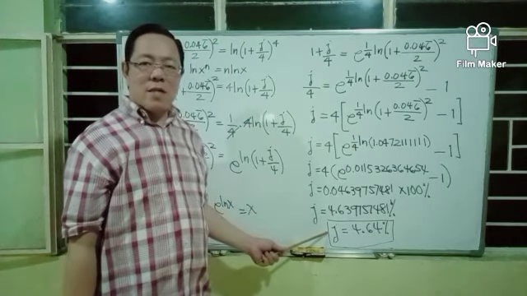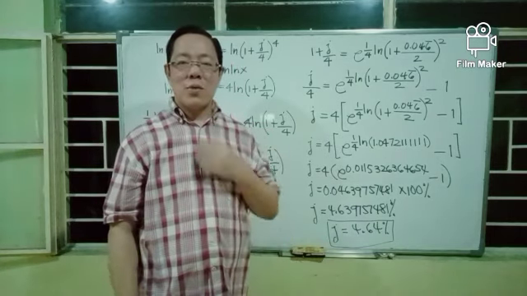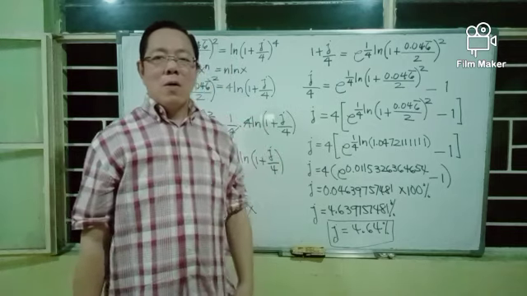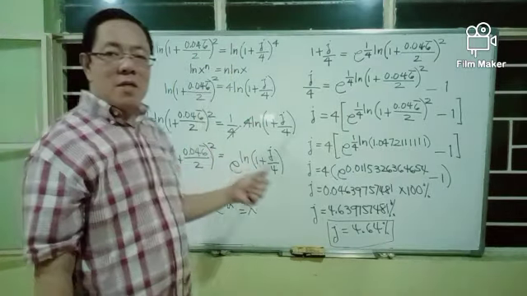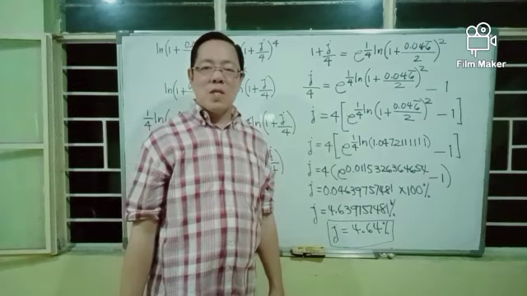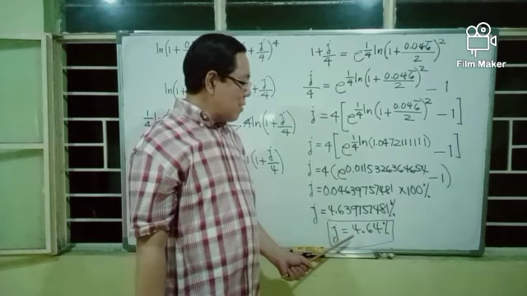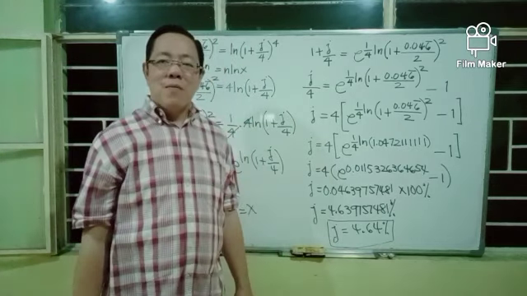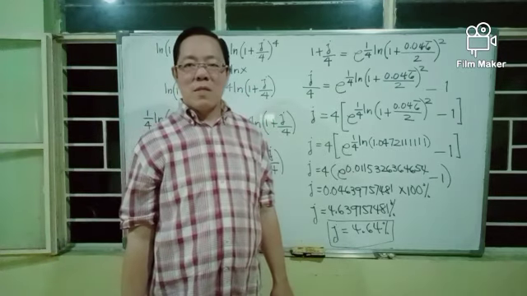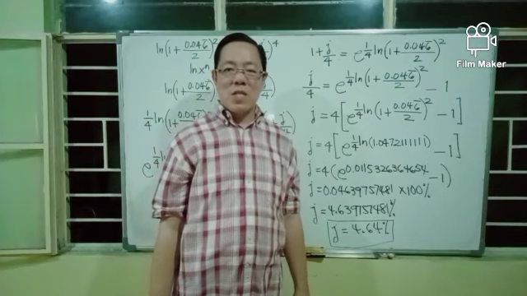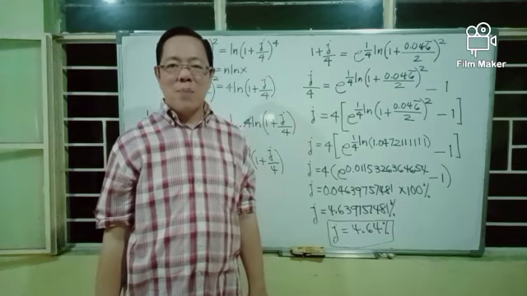And this compound interest rate of 4.64% compounded quarterly is equivalent to the given rate of 4 and 2/3%, or 4.666% compounded semi-annually, which means that the accumulated value computed using this compound interest rate of 4.64% compounded quarterly for some principal P and time T is equal to the accumulated value computed at the given compound interest rate of 4 and 2/3% compounded semi-annually for the same amount of principal and for the same value of T.